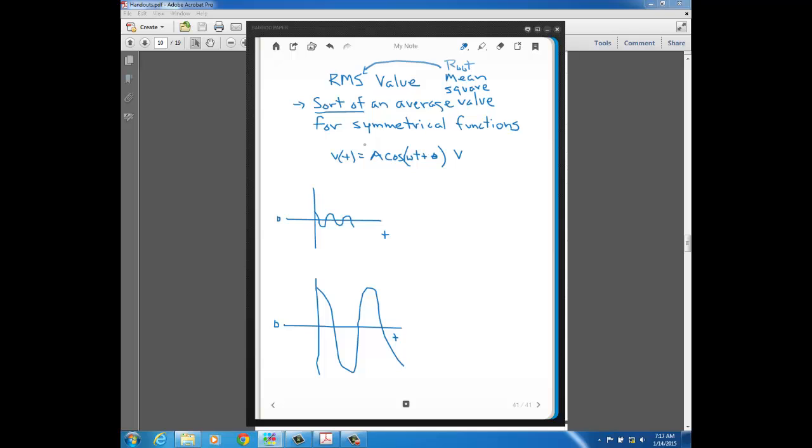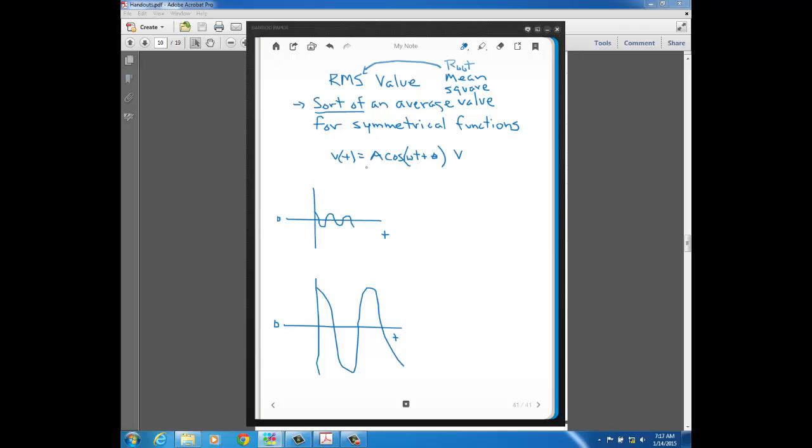So in circuits, as we've already discussed, a common waveform or signal is a sinusoidal signal, either cosine or sine. I've written a cosine function here for v of t, and as you know, a sinusoid is a symmetrical function that has equal area above and below its center point.